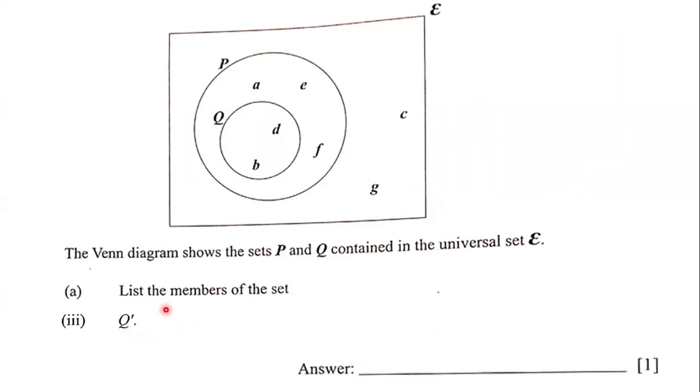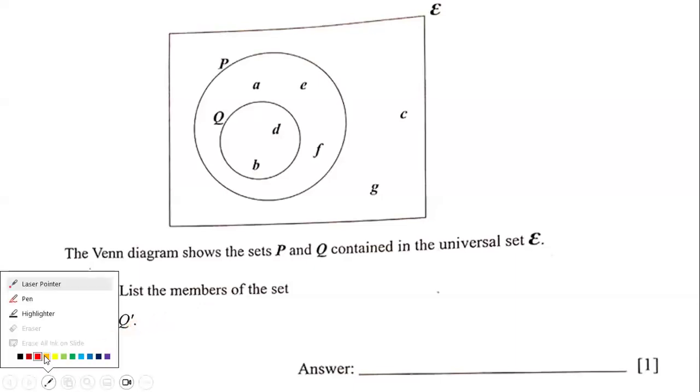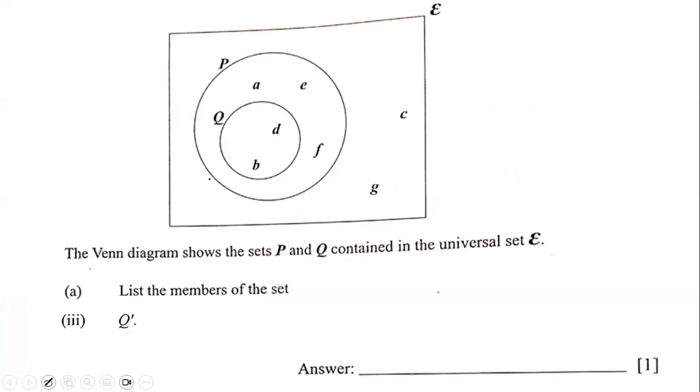Next, the question says that we want to list the members of the set Q complement. Now, when we say Q complement, we mean that we want all of the elements in the universal set except for the elements that are inside Q. So we do not include these elements that are inside set Q. You do not include them, right?